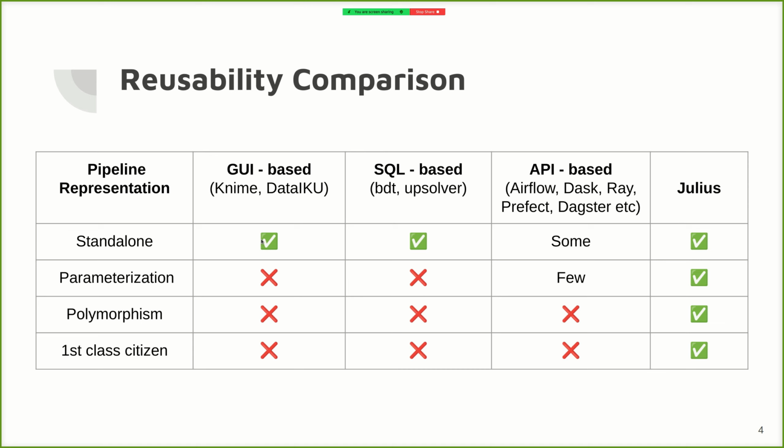While this is indeed a standalone representation of your pipeline, it doesn't support parameterization, which means that multiple copies of the GUI pipeline must be created for different data sources and business processes, even though these may largely share pretty much the same logic with only slight tweaks from each other.